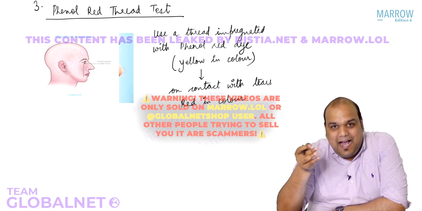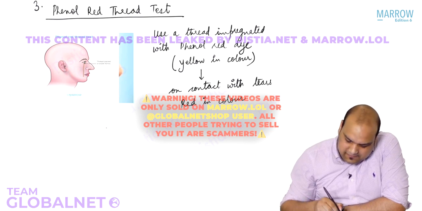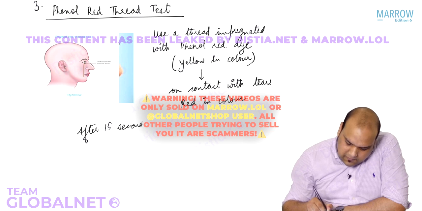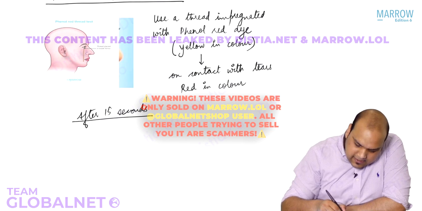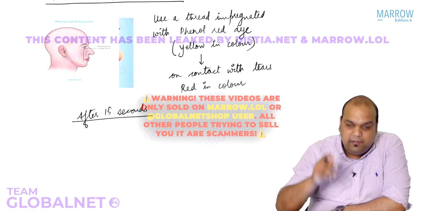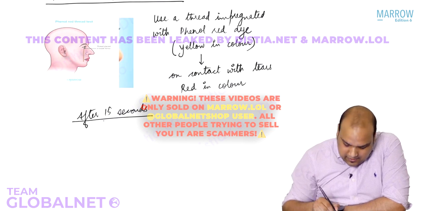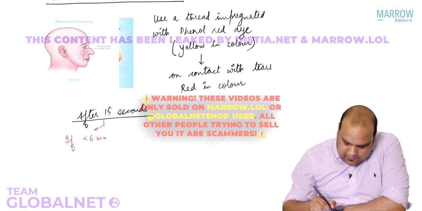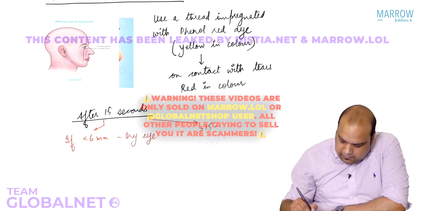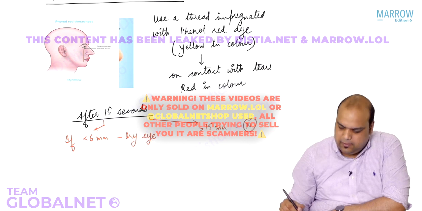We see after 15 seconds what is the length of the thread that has become red. So let's say in this case, this much has become red. I will measure this length, everybody. Okay? If less than 6 mm, then I have dry eye. But if greater than 15 mm, it is normal.